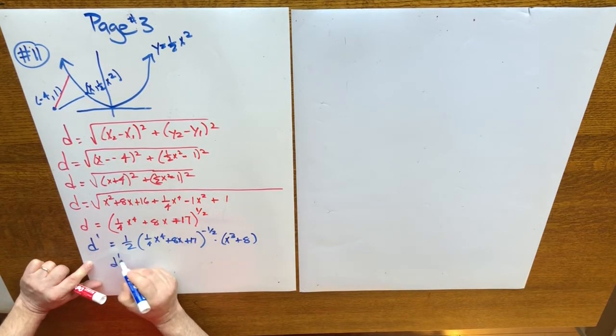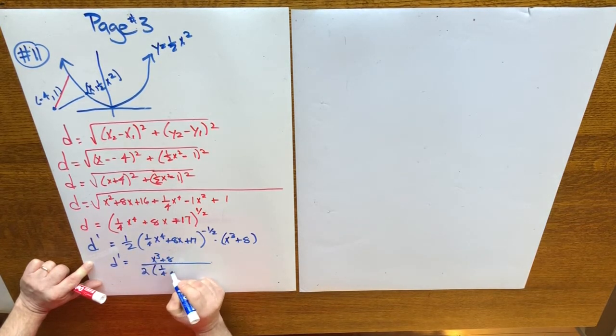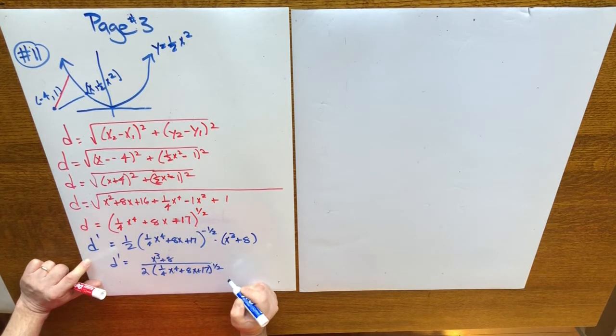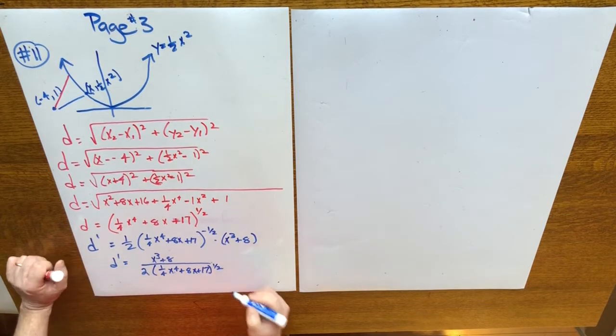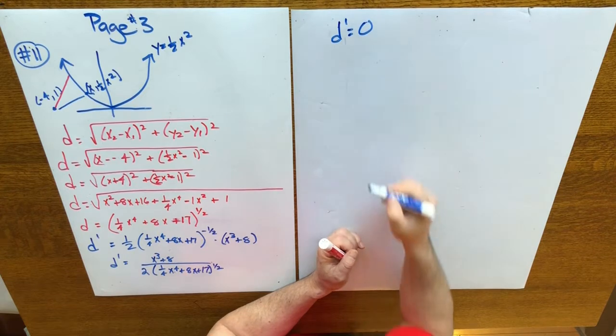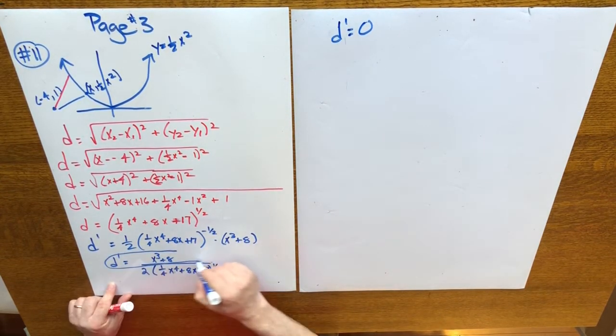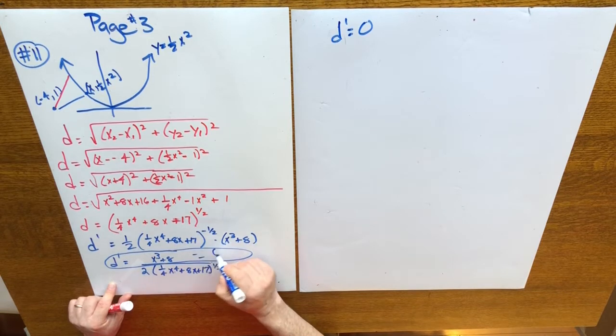So d prime equals, as a fraction, x cubed plus 8 in the numerator over 2, that's where that comes from, 1/4 x to the 4th plus 8x plus 17 to the positive 1/2. Well, when you set a derivative equal to 0, we're only interested in the numerator equaling 0. So it's only this part right here that we need to set equal to 0.